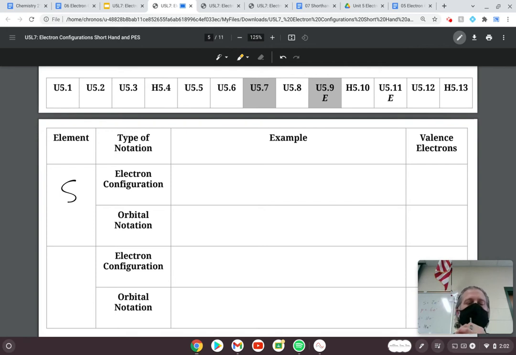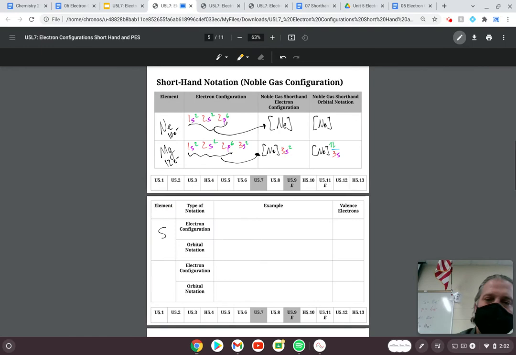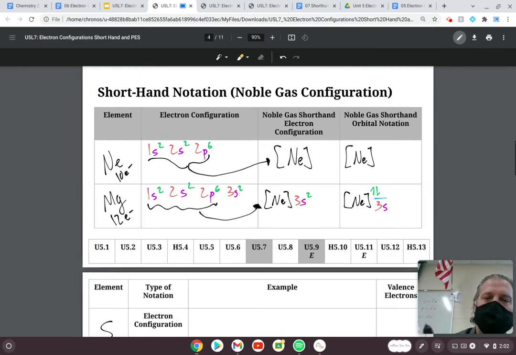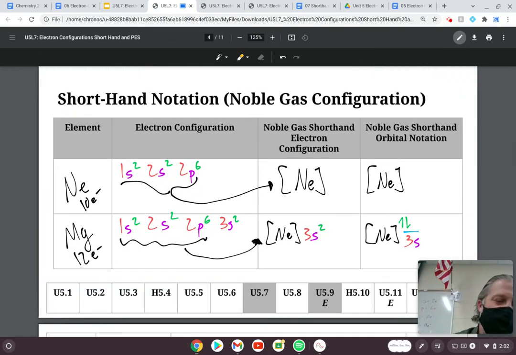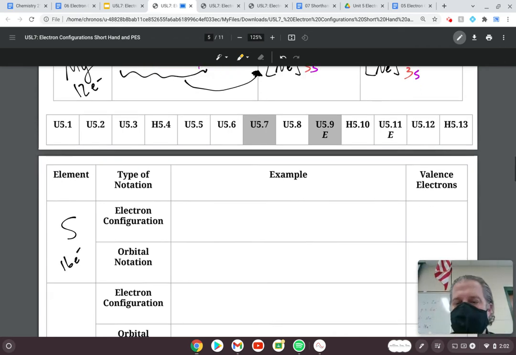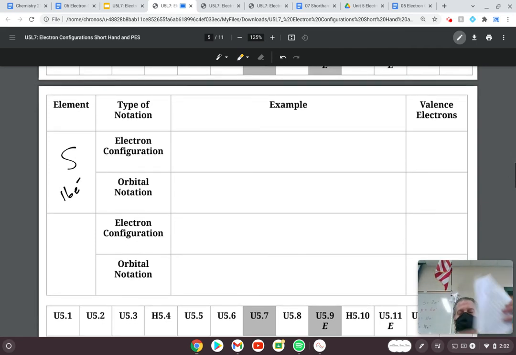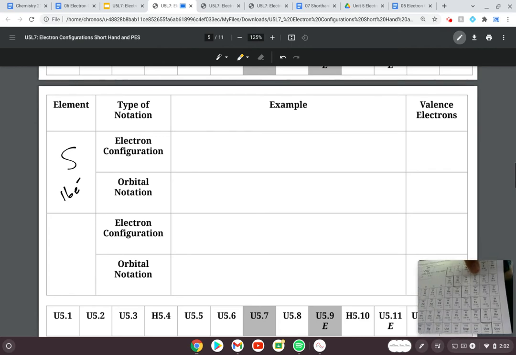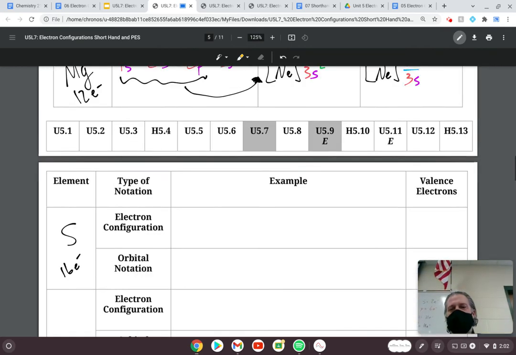Okay. So sulfur has 16 electrons. Now, if I locate sulfur on the periodic table, it's right here.